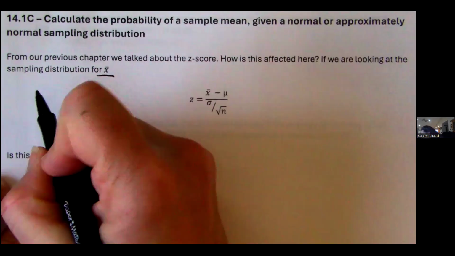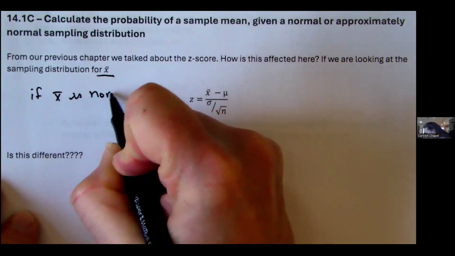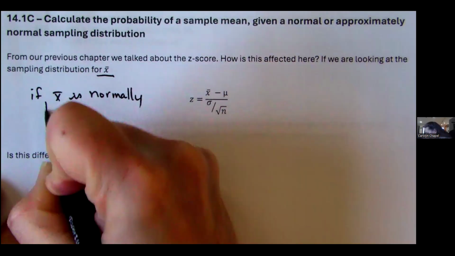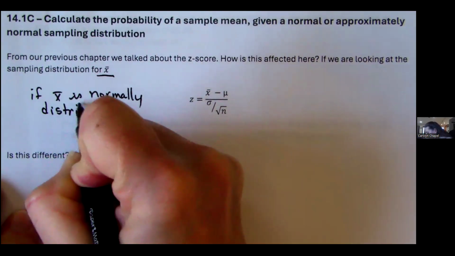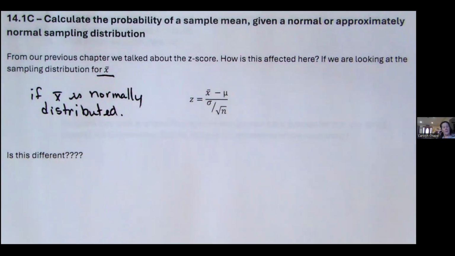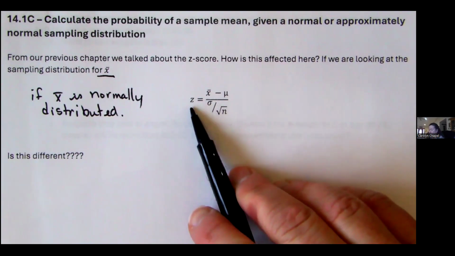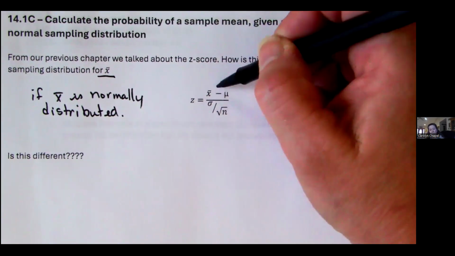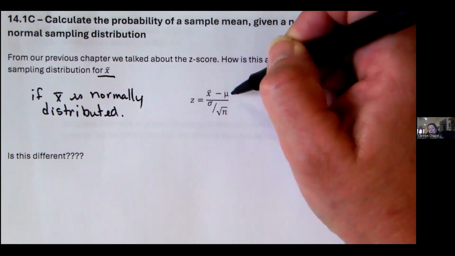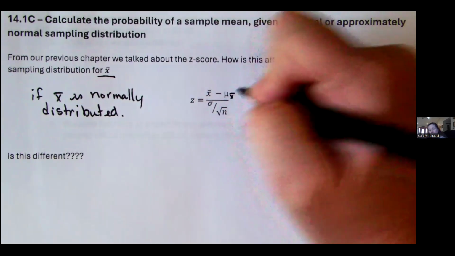So this works if X bar is normally distributed. If it's not normally distributed, then we have to look at some other things. We can calculate a z, which is X bar, whatever our sample mean was, minus the mean of our population. And this should actually have a little X bar across it if you want.